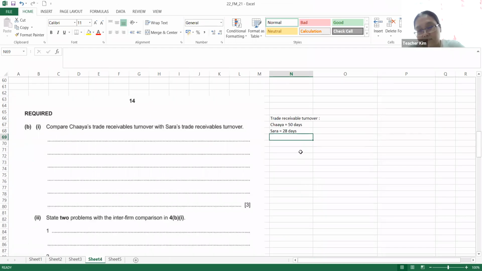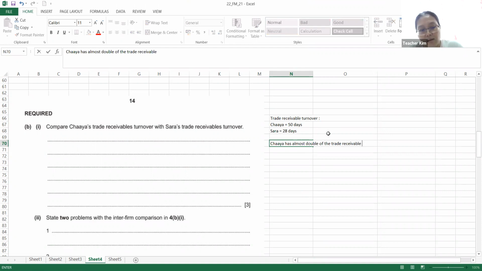From the numbers, first sentence, use the numbers to answer the question. Chaya has almost double the trade receivable turnover compared to Sarah.